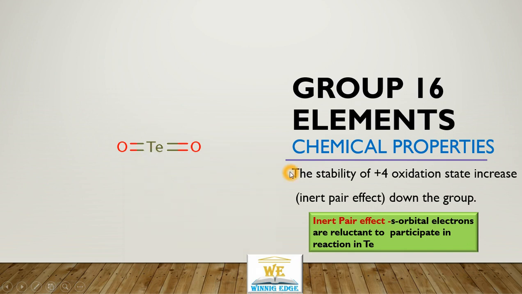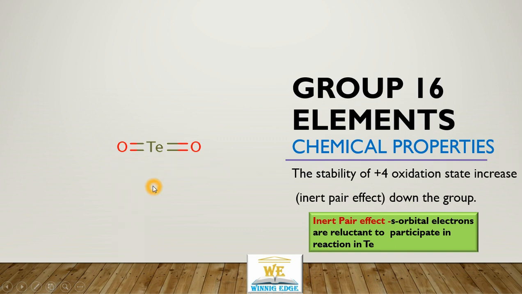The stability of the +4 oxidation state increases as we go down the group. So it means when we move from oxygen towards polonium, we see greater stability of the heavier elements in the +4 oxidation state. Tellurium dioxide will be more stable compared to sulfur dioxide.